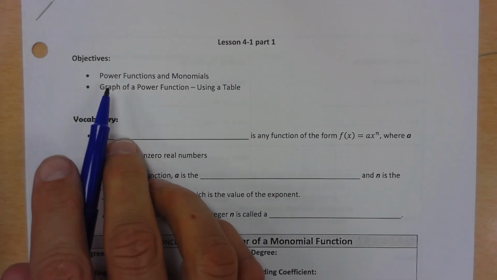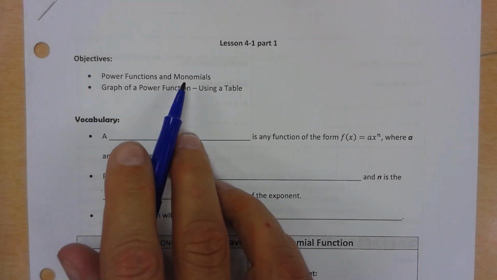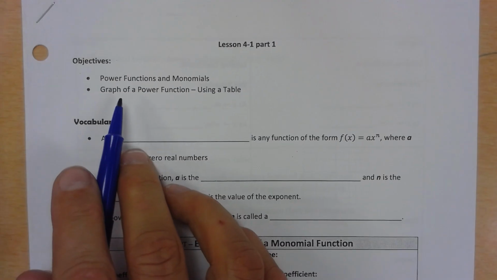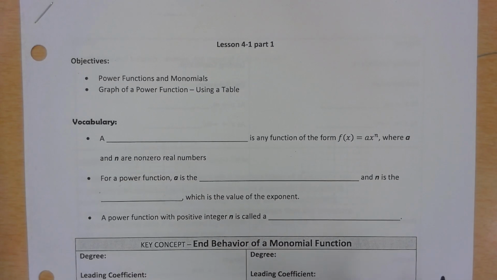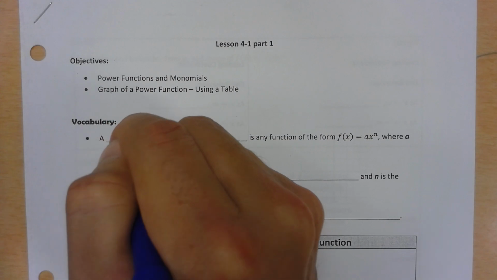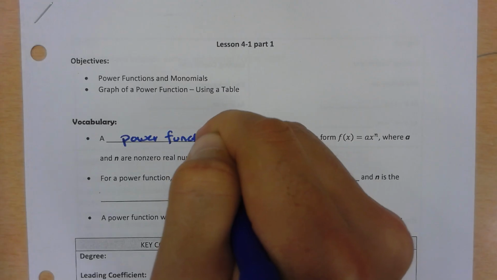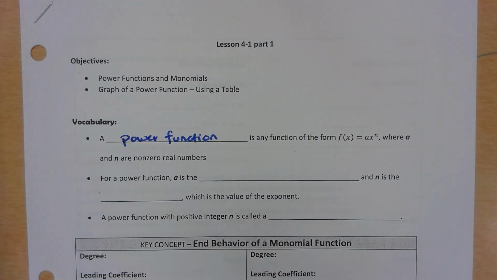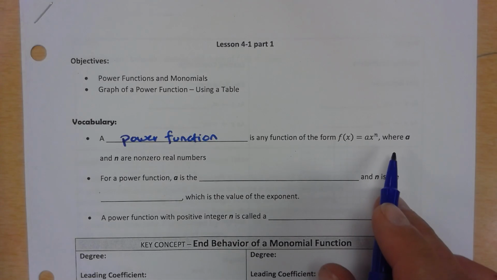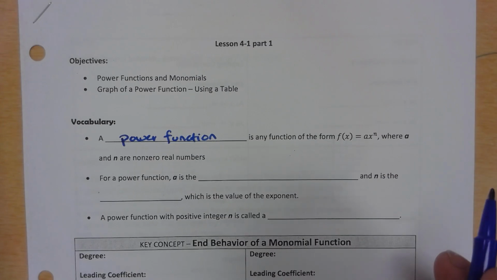All right, 4.1 part 1. Our objectives today are to look at power functions and monomials, and secondly to graph a power function using a table. First and foremost, a power function is any function of the form f of x equals a times x to the power of n, where a and n are non-zero real numbers.